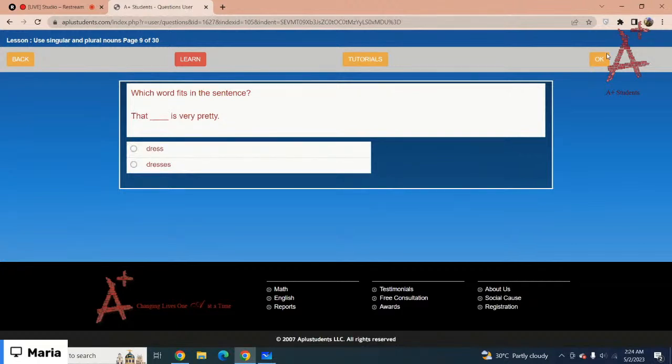That dash is very pretty. That is used with only one thing, so it would be that dress is very pretty. Keep these words in your mind, this and that are used with a singular thing.